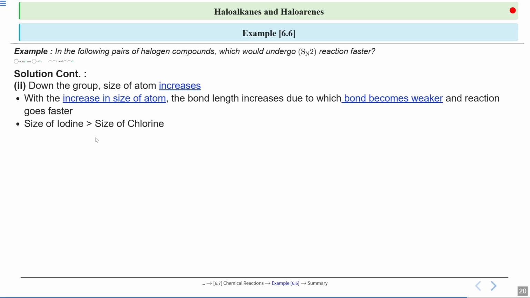So the size of iodine is greater than the size of chlorine as per the group of the halogens, right? So iodobutane will show a greater reaction rate than chlorobutane in these two halogen compounds towards the SN2 reaction. The carbon-iodine bond will break easily and the iodobutane will undergo the SN2 reaction faster.